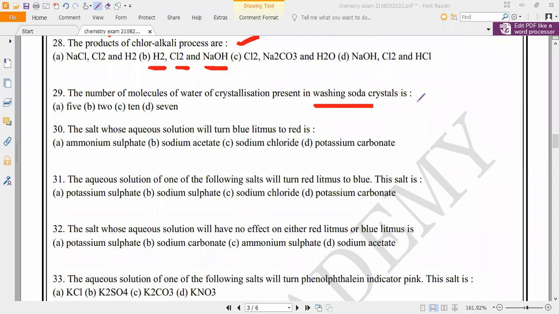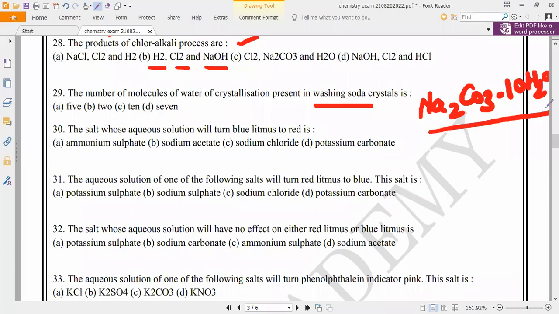Na2CO3·10H2O. Verify carefully. Yes. It is a hydrated salt. Have you remembered? Last class only I taught you. Na2CO3·10H2O is called washing soda. Write it.